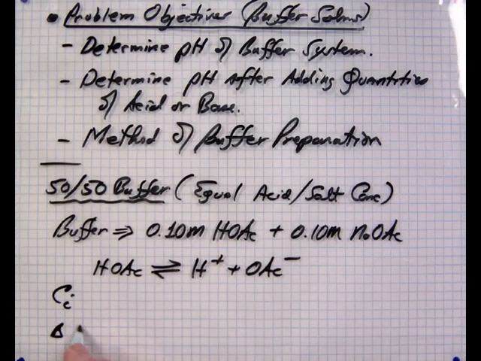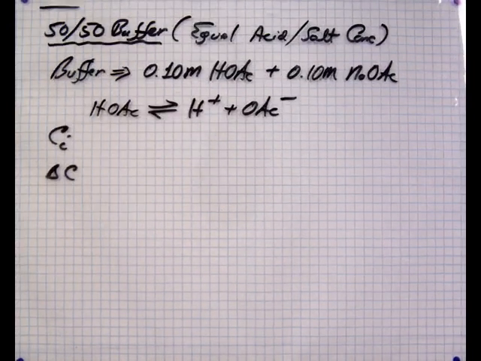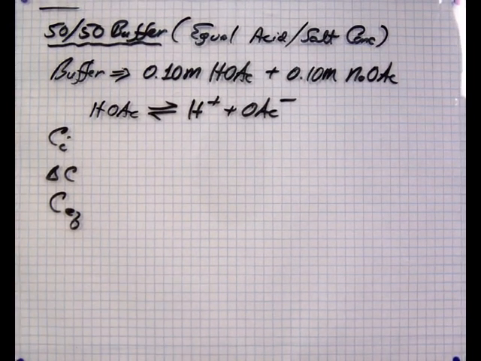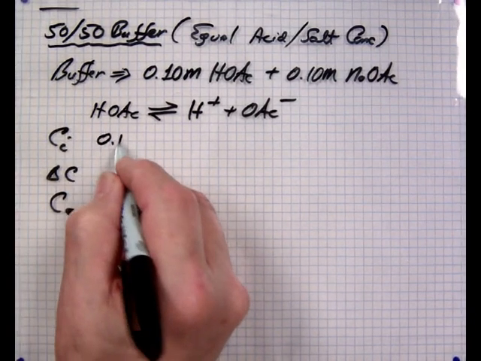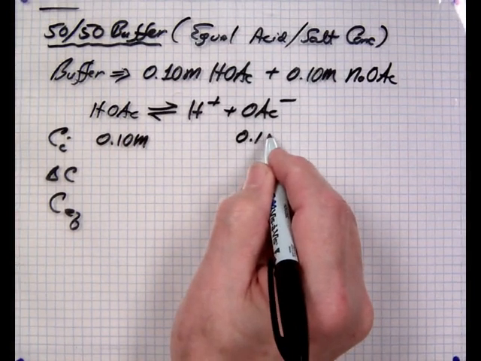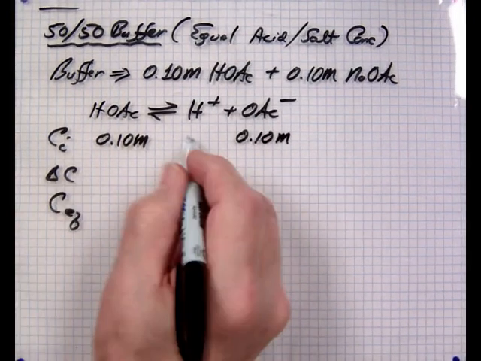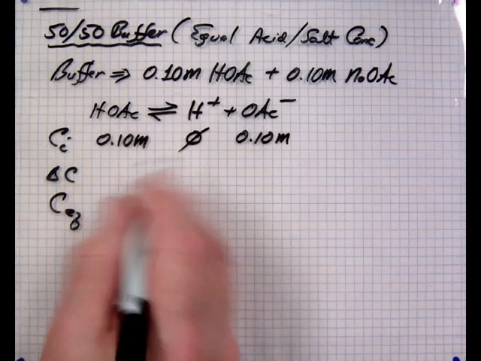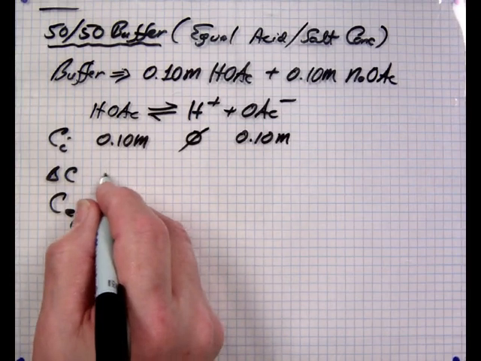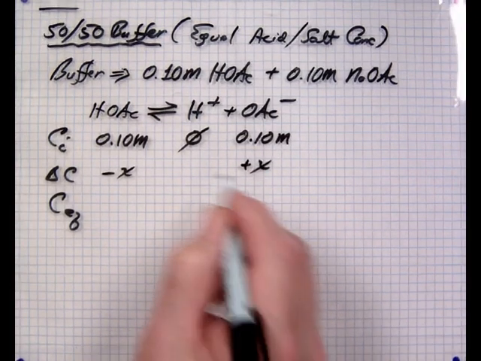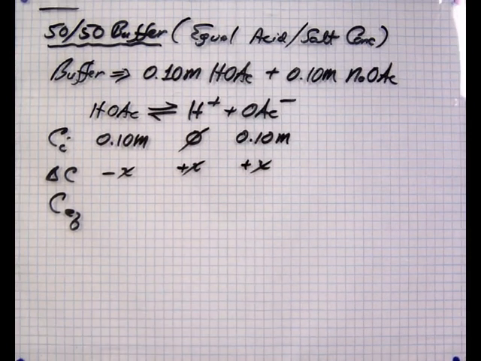Initially, the change in concentration, and then the concentration at equilibrium. Essentially, we're showing 0.10 molar acid and 0.10 molar OAc, and before ionization the hydronium is 0. Equilibrating the system will decrease the acid, increase the salt, and provide some hydronium ions to the system.